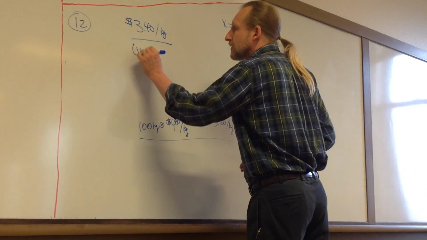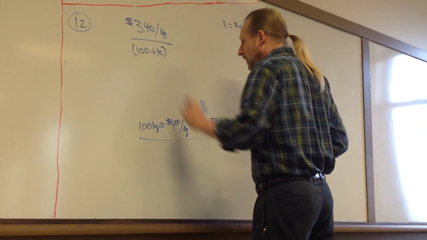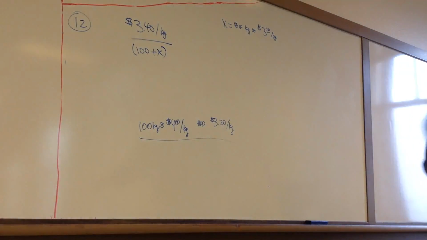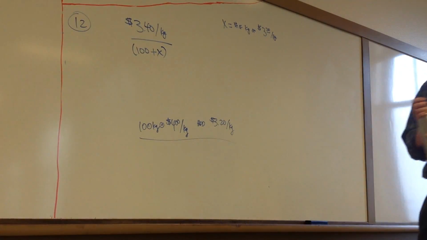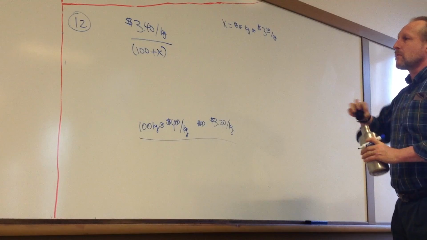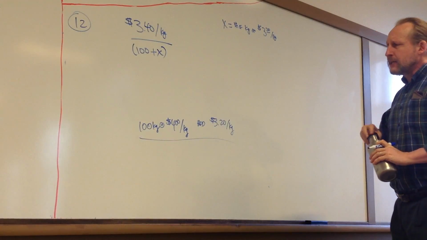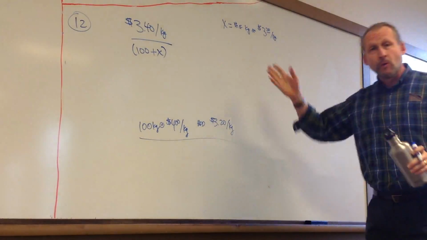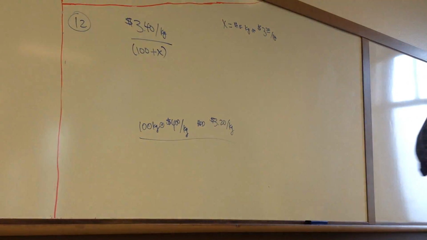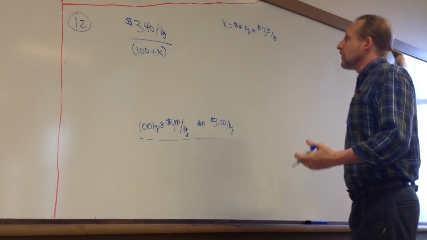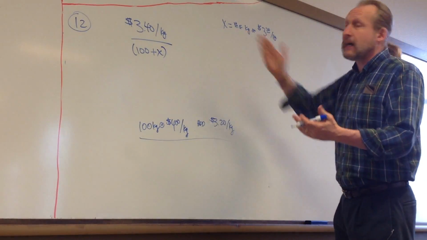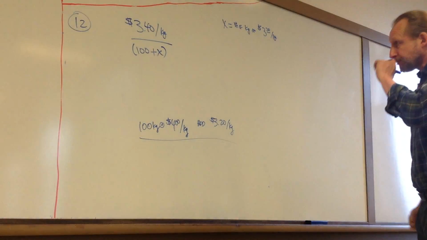So this is going to have 100 plus X kilograms of nuts all together. And you can see how this one is more like number 4 than it is like those first 2 examples that we saw. Okay, because again, we really just have the single variable in this case.